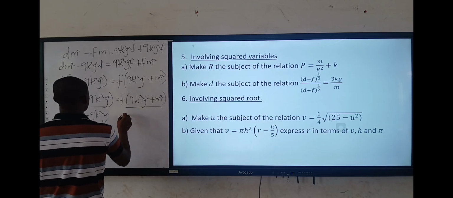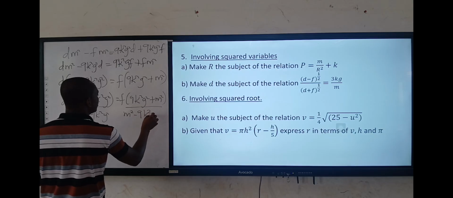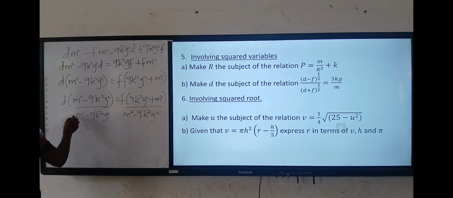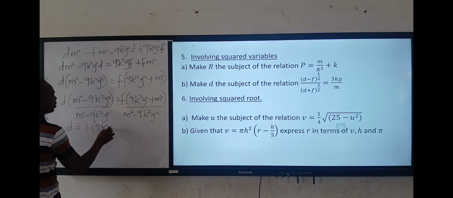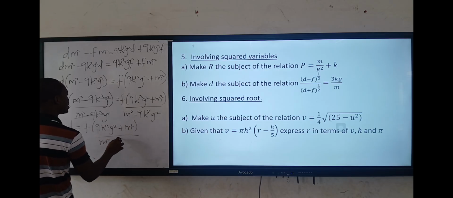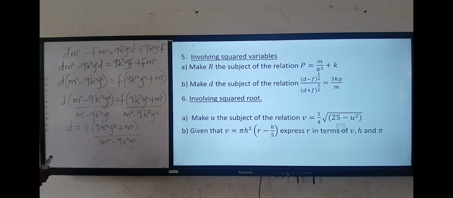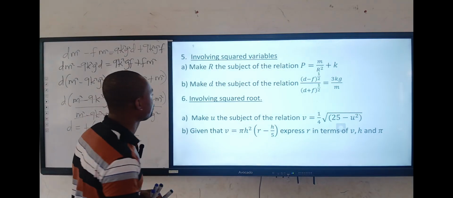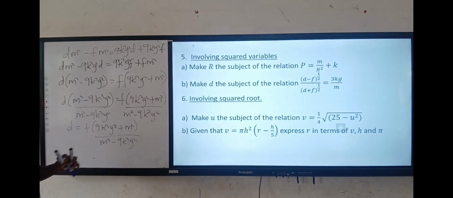Then divide here too by m squared minus 9k squared d squared. So this will cancel that, leaving d to be equal to f in the bracket 9k squared d squared plus m squared all over m squared minus 9k squared d squared. So this one becomes the answer for this. So let's move on to the square roots. We are moving on to the square roots.